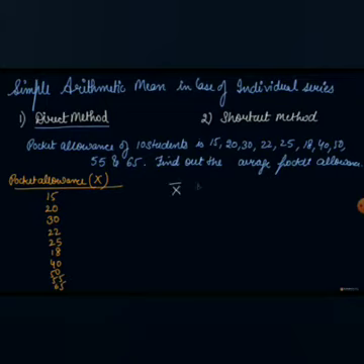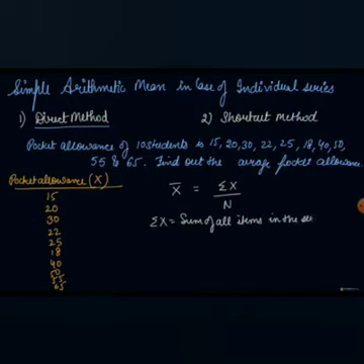I told you, denote your mean using X bar, is equal to summation of X divided by N, where summation of X is equal to the sum of all items in the series, and N is equal to the number of items. So in this you can find out the X bar, that is the average pocket allowance.